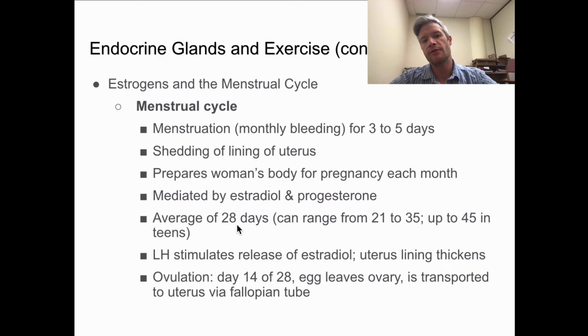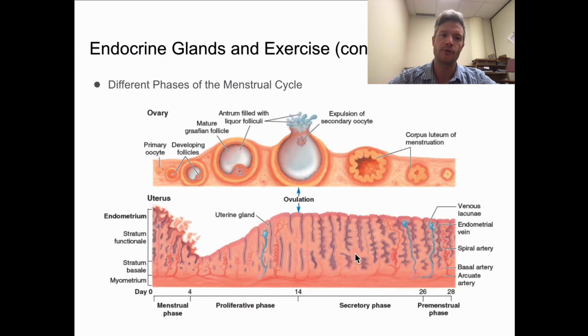And so on average it's 28 days, which is about a month, but it has a bit of a range, right? And ultimately, again, luteinizing hormone stimulates the release of estradiol, which increases uterus lining, which helps prepare women's bodies for carrying a child or becoming pregnant each month.